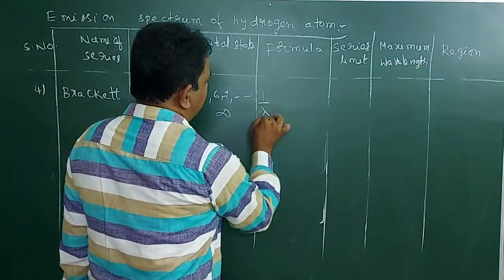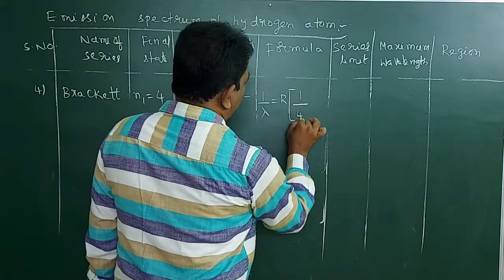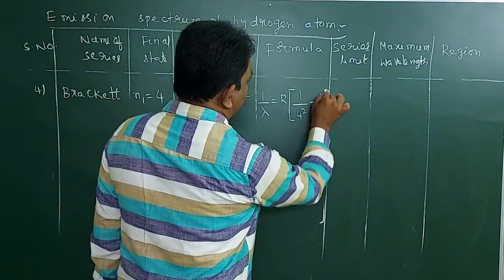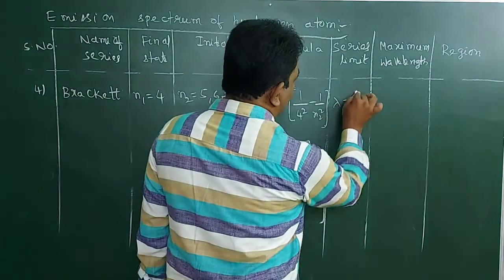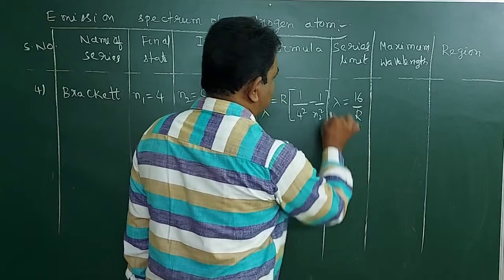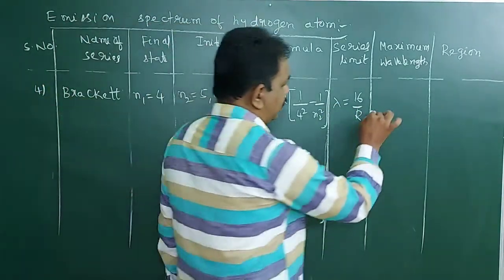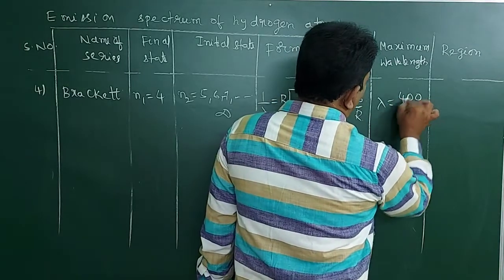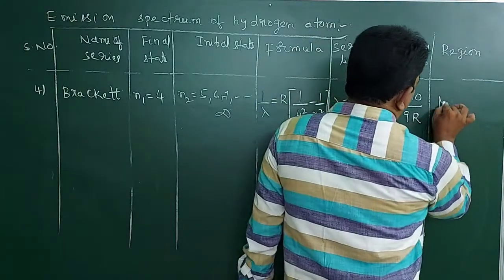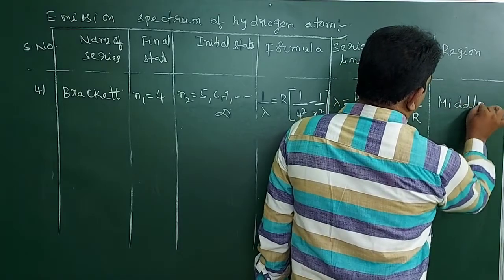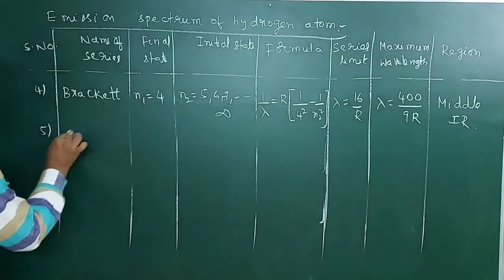Formula: 1 by lambda is equal to R into 1 by 4 square minus 1 by n2 square. So series limit or minimum wavelength lambda is equal to 16 by R. Here maximum wavelength lambda is equal to 400 by 9R. This will be the middle infrared region.